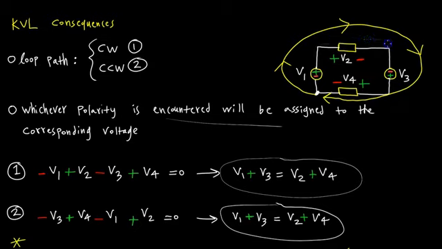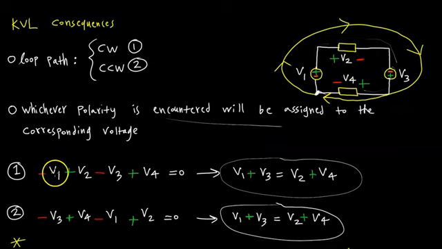I keep going to V3, but a negative sign is encountered, so that's minus V3. I keep going, I see V4, but a plus polarity is indicated, and I end up at this point. So I've traversed the loop, and I have assigned the correct polarities here. So I say minus V1 plus V2 minus V3 plus V4 equals 0.